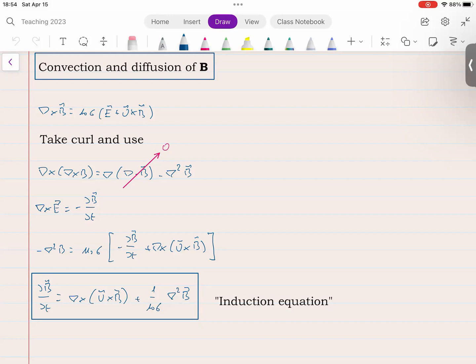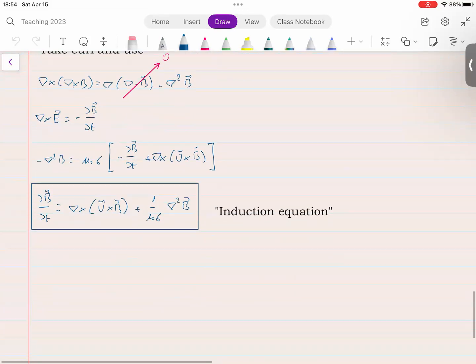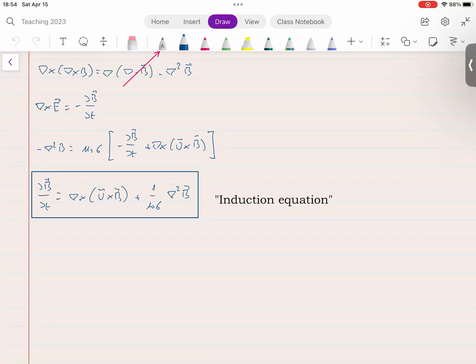Before we go any further, I will point out that this is a place where, especially when we deal with magnetic reconnection and tearing modes, we see the occurrence of what is called singular perturbation.